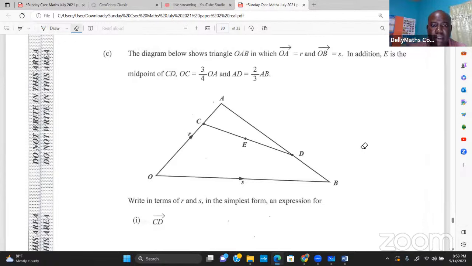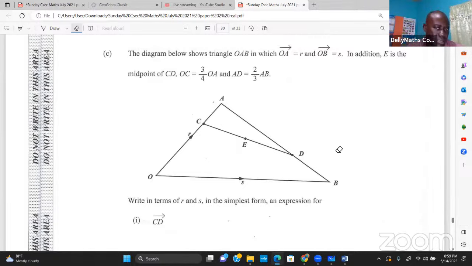And they said OB is s. In addition, E is the midpoint of CD. We're told OC is 3/4 of OA, and AD is 2/3 of AB.